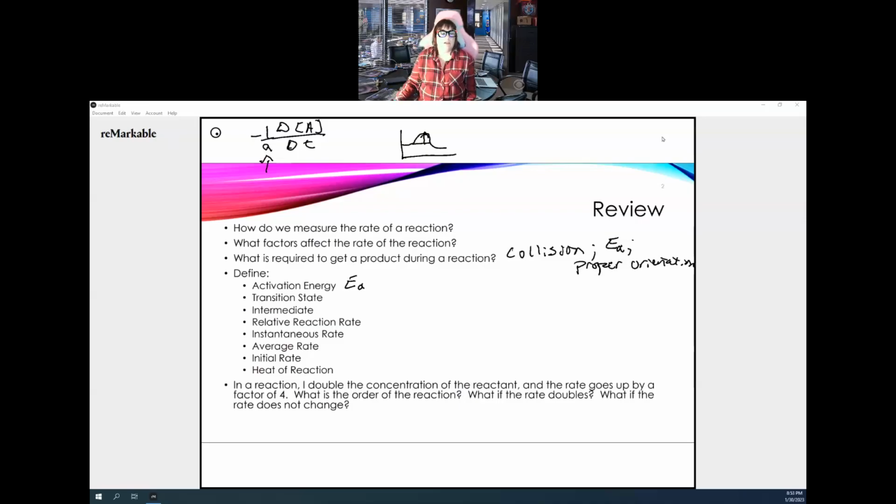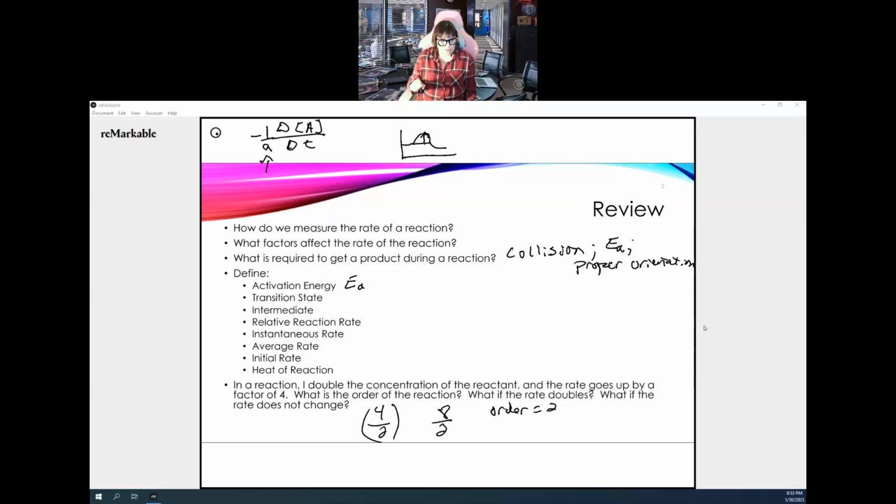In a reaction, if I double the concentration of the reactant and the rate goes up by a factor of 4, then the order is 2.